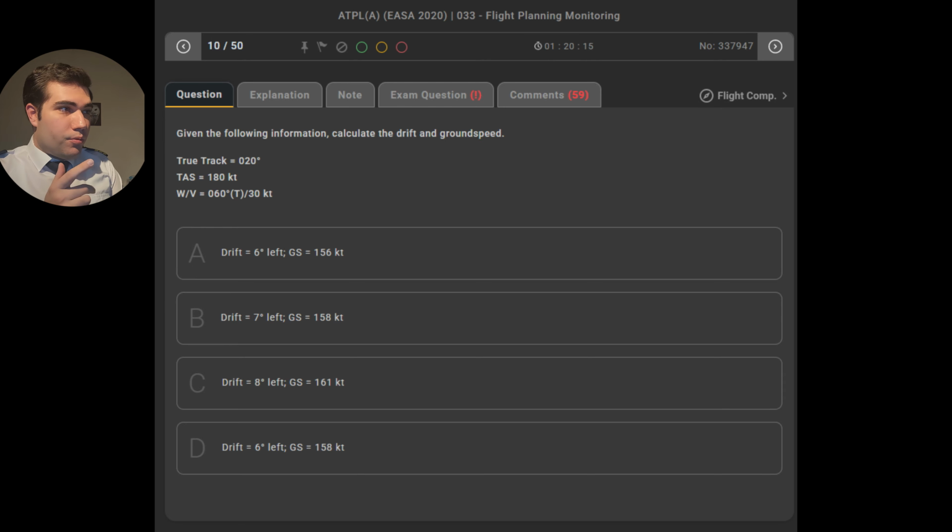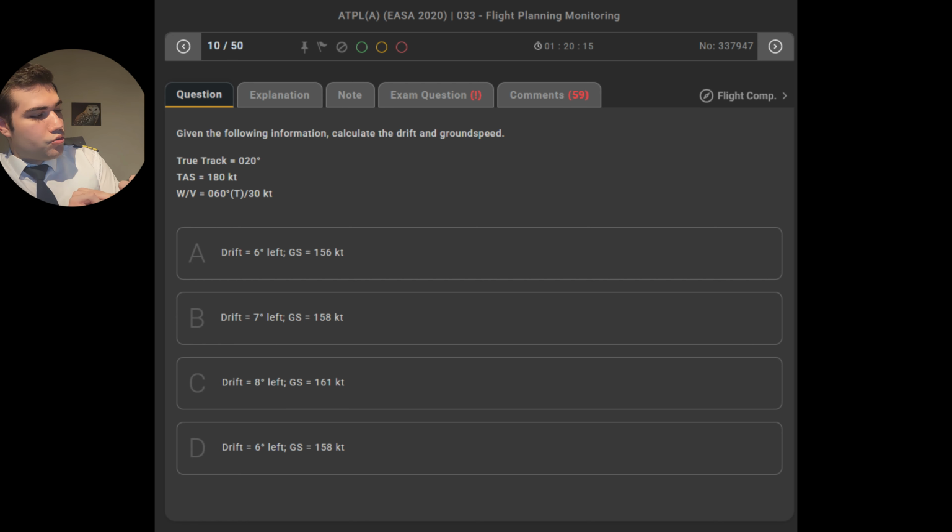Given the following information, calculate the drift and ground speed. The true track given is 20 degrees, true airspeed is 180 knots, wind from 60 degrees with 30 knots. First of all, I always set my flight computer.